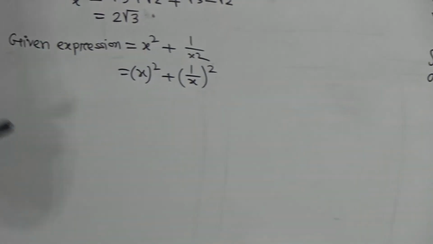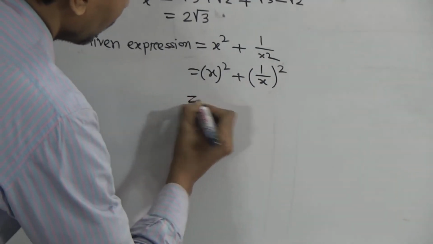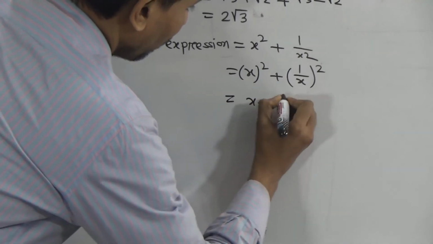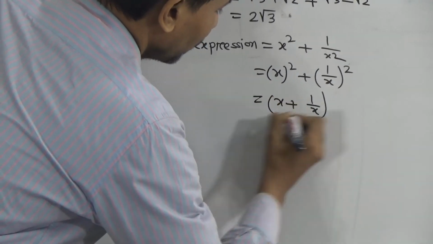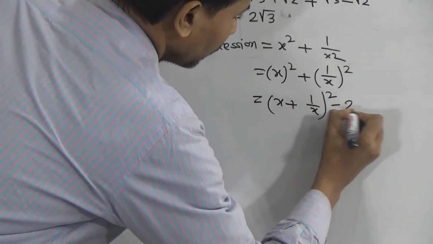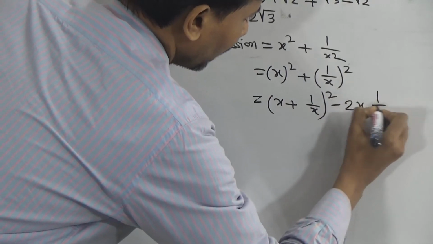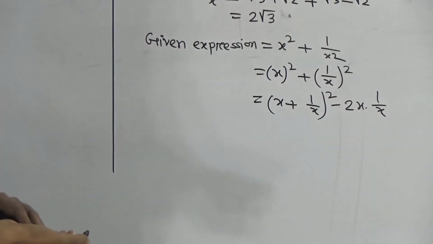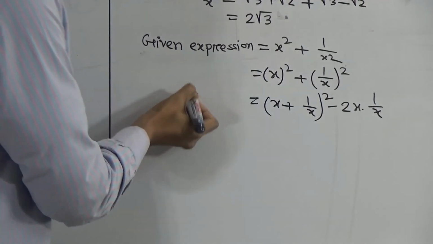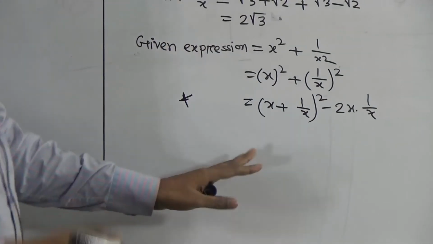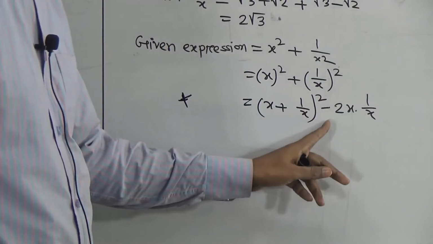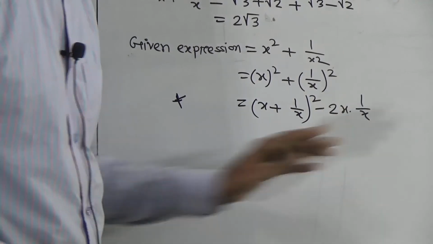So now what is the formula? x plus 1 by x whole square minus 2 x 1 by x. Okay? We have got x plus 1 by x whole square minus twice x 1 by x.